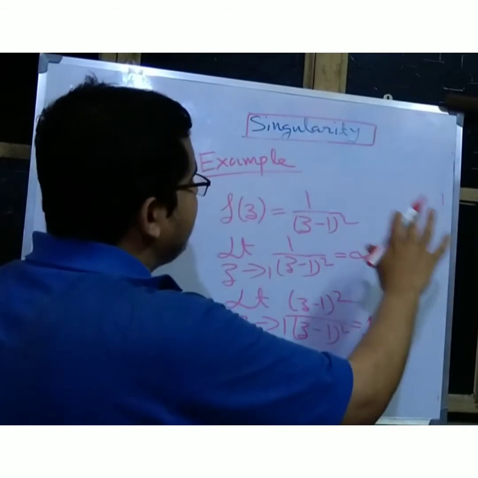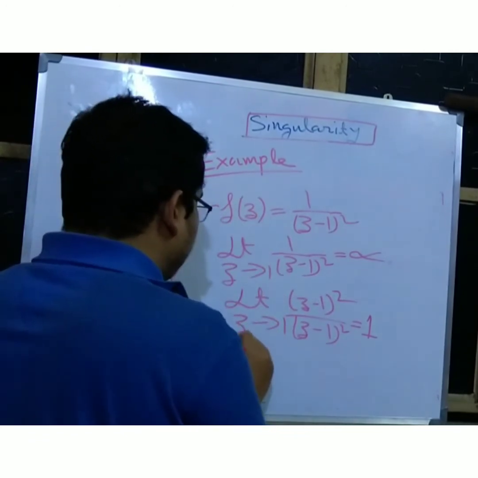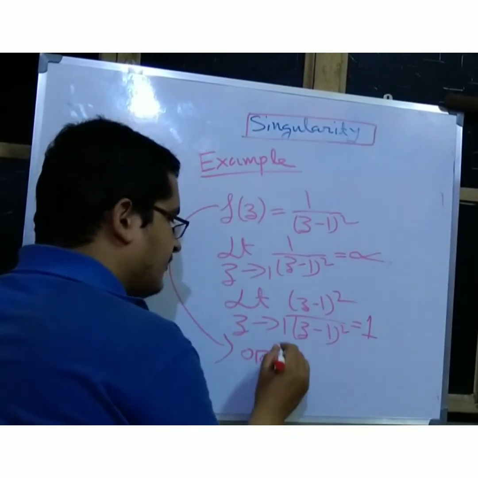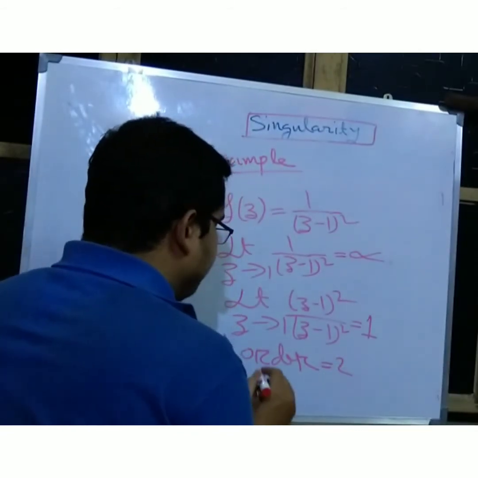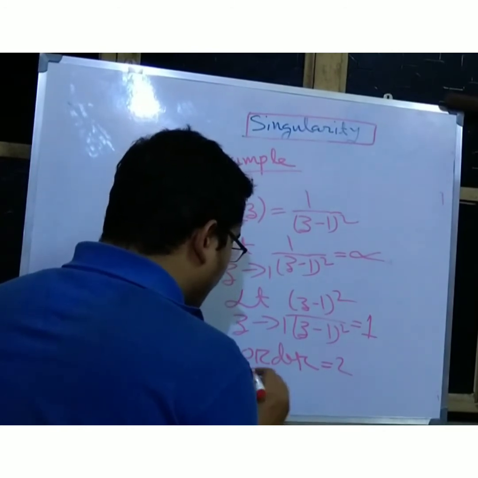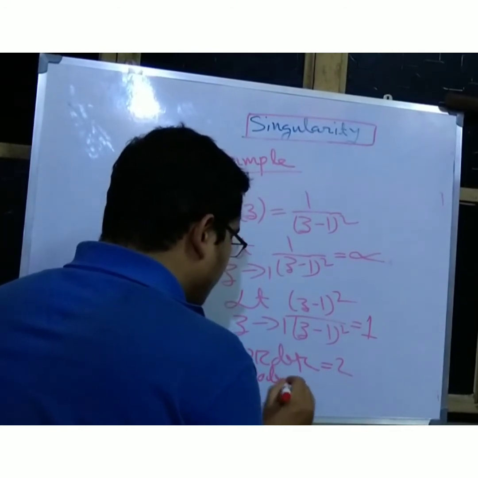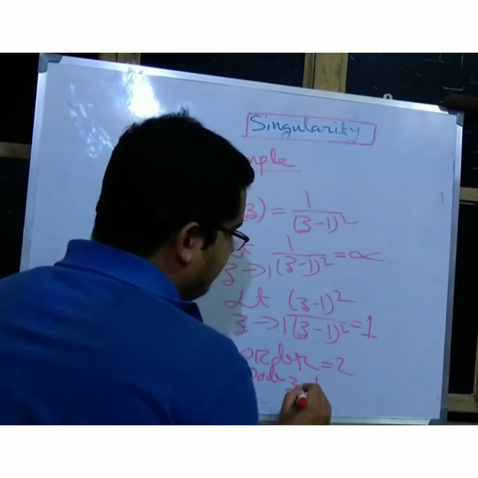Then for this given function the order is 2, and the pole is z equals to 1. Pole is z0 equal to 1.